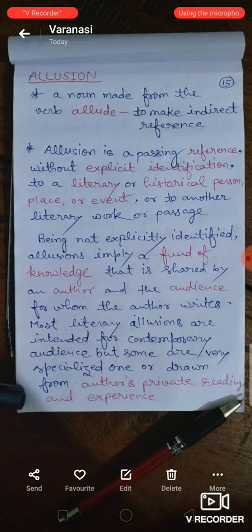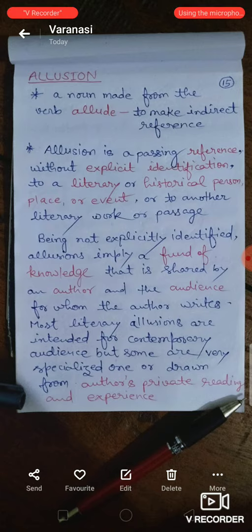Red ink will suggest which are the terms that need to be remembered. It's a passing reference and no explicit identification is there.